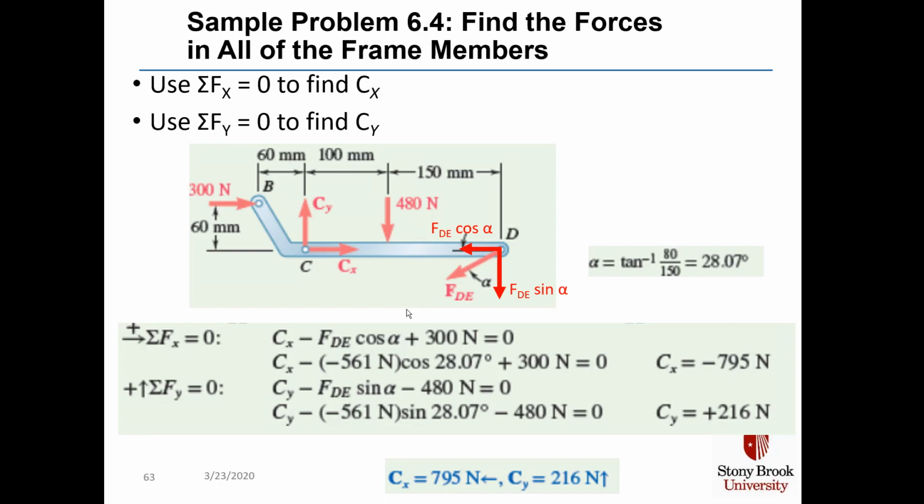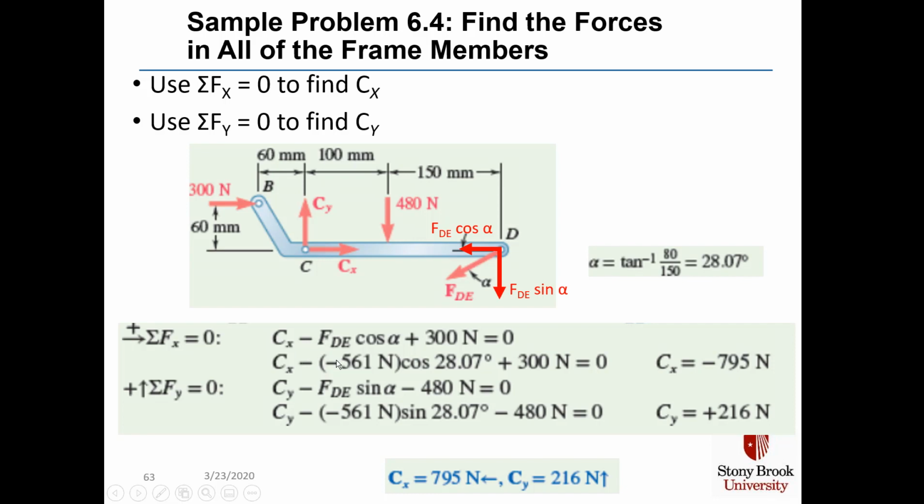Now we sum the x forces to find C sub x. C sub x minus F sub DE times the cosine of alpha plus 300 newtons, which is going to the right, equals 0. And notice F sub DE in the picture is shown going to the left, so that creates one negative sign.